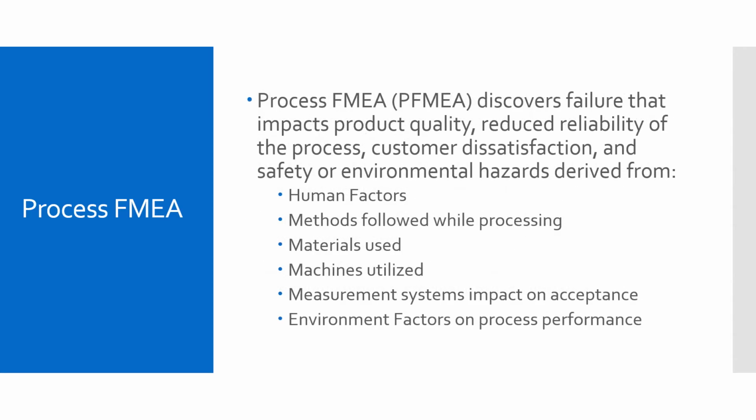Process FMEA, PFMEA, discovers failures that impact product quality, reduced reliability of the process, customer dissatisfaction, and safety or environmental hazards derived from human factors. Methods followed while processing. Materials used. Machines utilized. Measurement systems impact on acceptance. Environment factors on process performance.